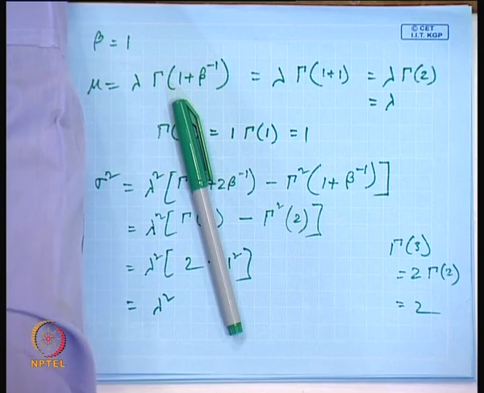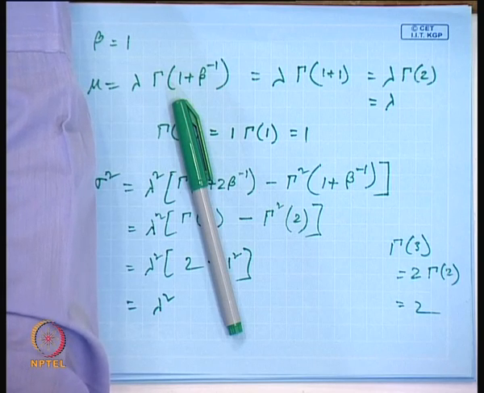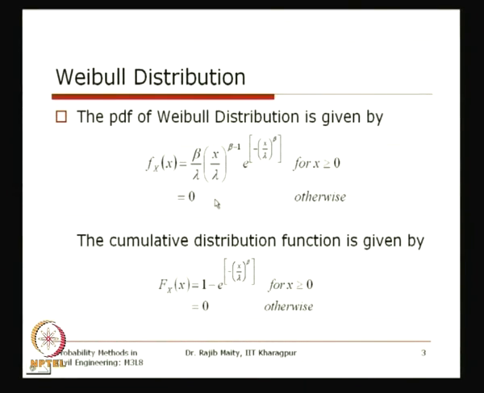If we go back to the Weibull PDF and put beta equals to 1, then we can see that it is 1 by lambda, e power minus x by lambda for x greater than 0, and otherwise it is 0.